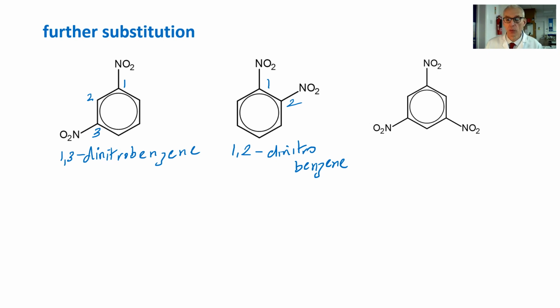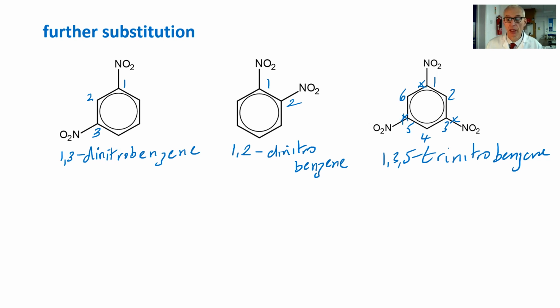And here, well, this is going to be trinitro. We've got 3 nitro groups, and 1, 3, 5. 1, 2, 3, 4, 5, 6. So positioned on number 1, number 2, sorry, number 1, number 3, number 5.